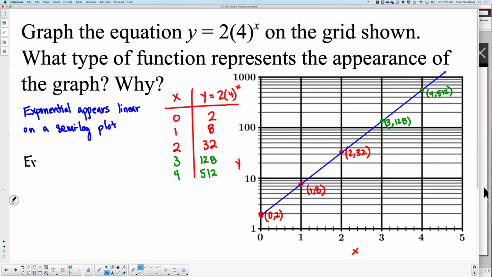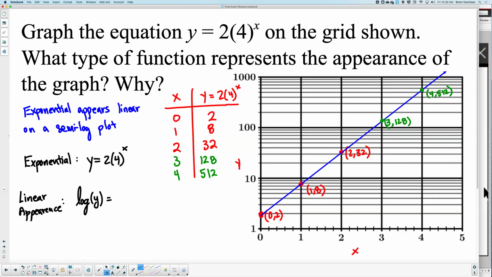The exponential function is y equals 2 times 4 to the power of x. For the linear appearance, what you do is you take a log of both sides. You take a log of the y, ultimately, like a log of the outside.